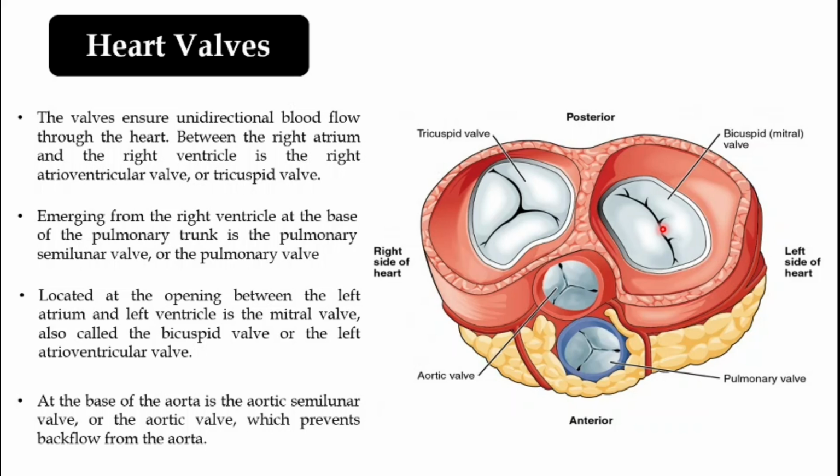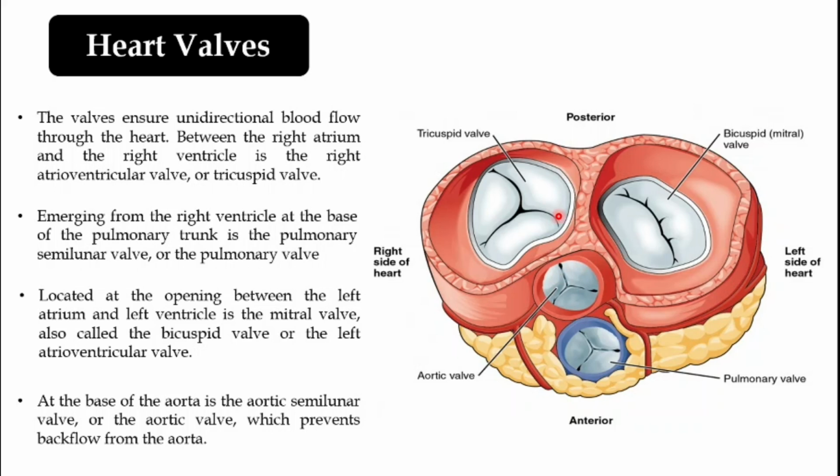And then the blood from the left atria goes into the left ventricle, and when the left ventricle contracts, it propels the blood from the left ventricle into the aorta, and at the base of the aorta we have another valve which is known as the aortic valve, also known as the aortic semilunar valve, which is there to prevent the backflow of the blood from the aorta back into the left ventricle.